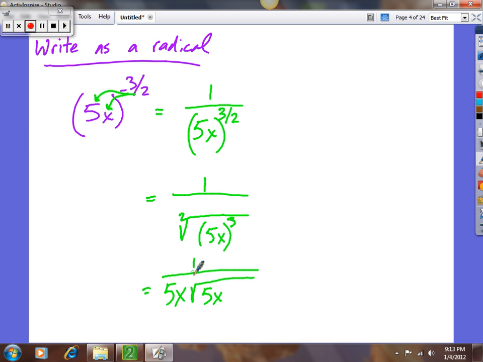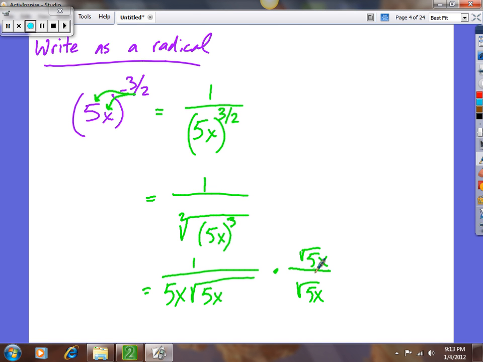Now that looks like a pretty good answer, except there is a rule that says you cannot have a radical in the denominator. So you cannot have the square root of 5x. It's similar to one we've done. We're going to times it by 1, a creative 1. To get rid of this radical 5x, I'm going to times by square root of 5x on the bottom and on the top.